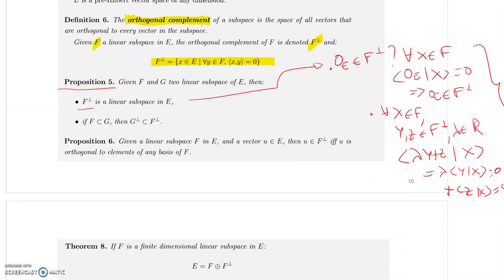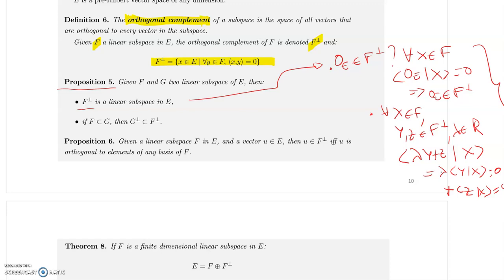If F is included in G, then G orthogonal is included in F orthogonal. What do we need to do when we want to prove that one space is included in another?